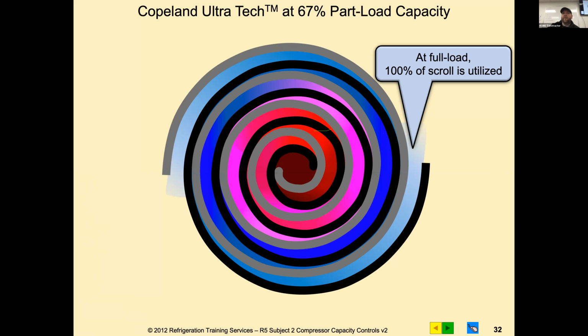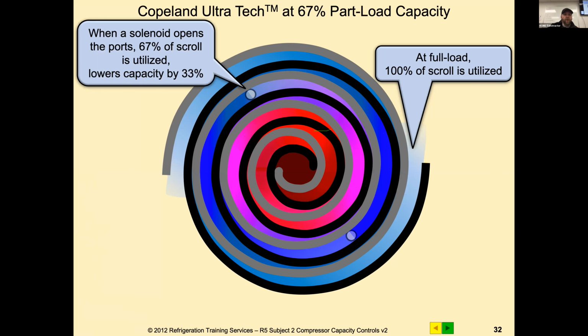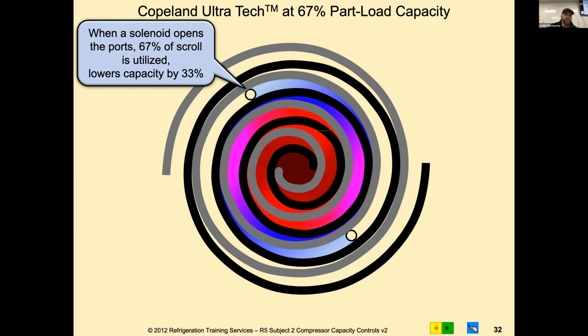So that's just your basic how a scroll works. Those two rotors oscillate, and that's how they compress. The discharge valve is in the middle of the compressor. It pushes that gas towards the middle and up through the discharge valve. So when the solenoid opens ports, it drops capacity by 33%.